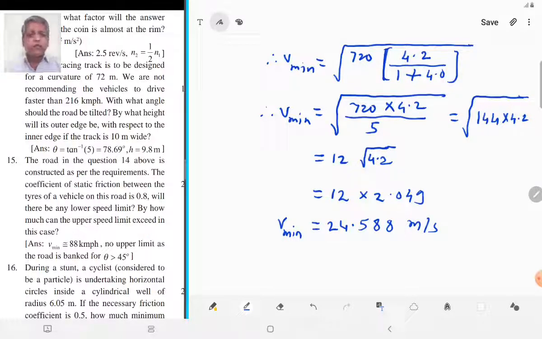The answer is given in kilometer per hour, so we convert meter per second in kilometer per hour by multiplying by 18 by 5.